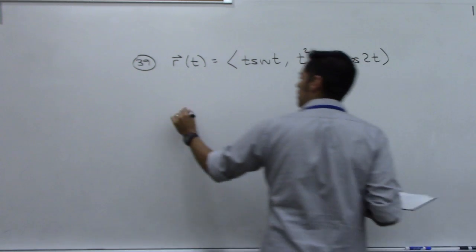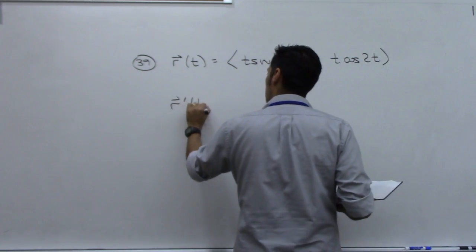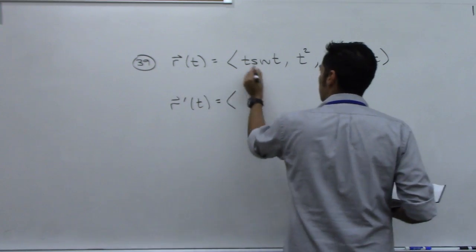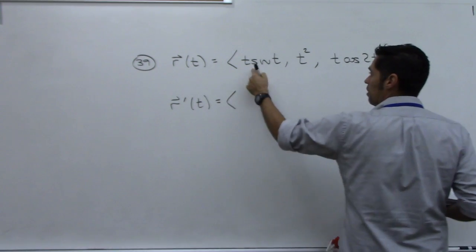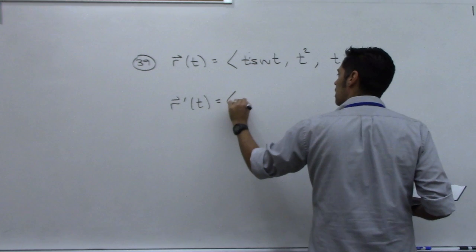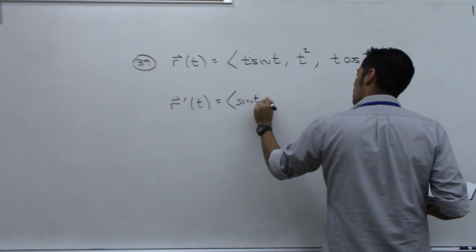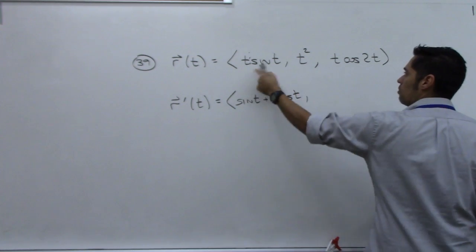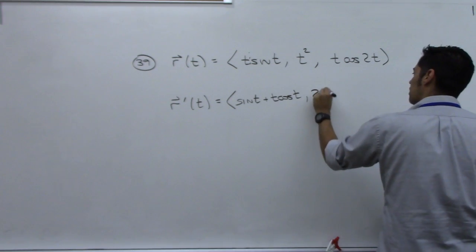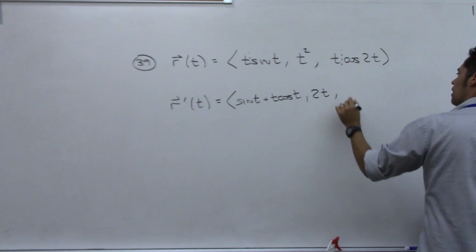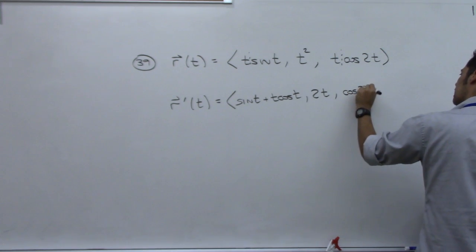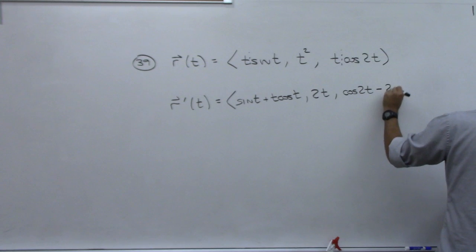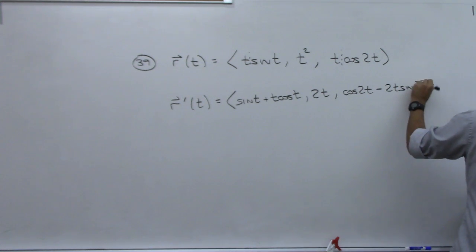Okay, so the derivative of this vector function is going to be the derivative of each component separately. So here we have a product rule. So sine t plus t cosine t. That's what you get when you take product rule there. Derivative of t squared is 2t. Another product rule here, it'll be cosine 2t minus 2t sine 2t.